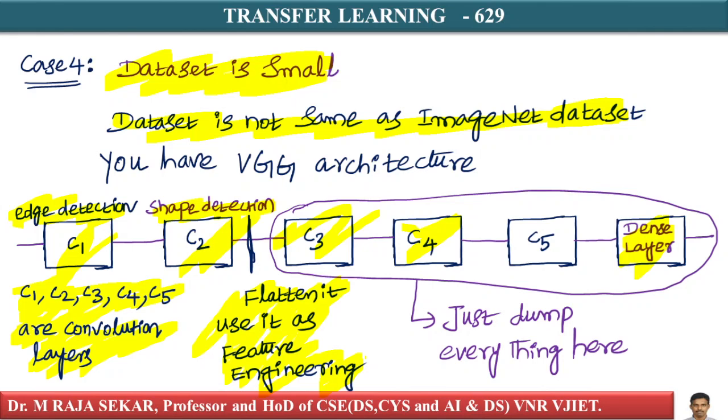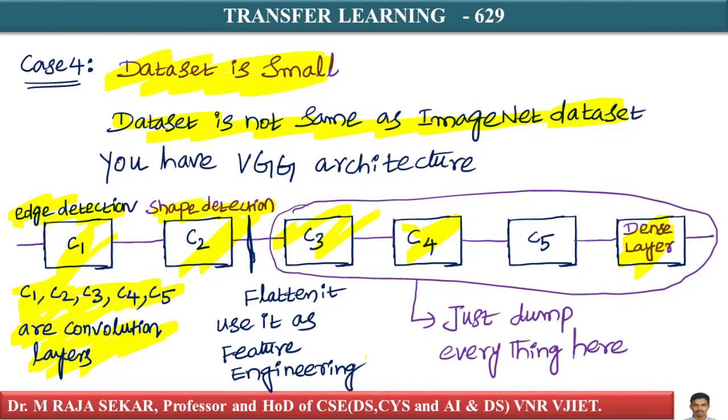Since your data set is small, you can't train a full-fledged network, isn't it? What do you do? You will leverage the network partially, because the first layer might do edge detection, and the second convolution layer may do shape detection.